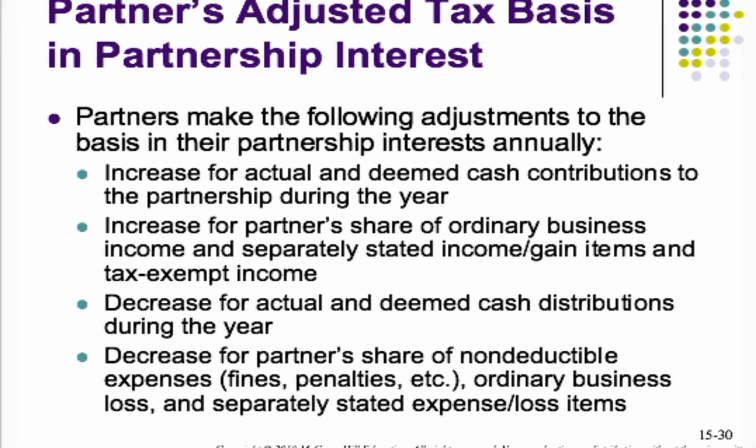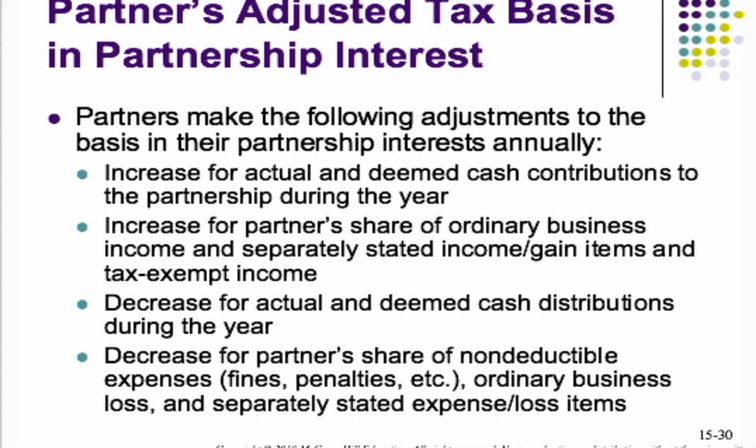At the end of each year, partners will make adjustments to their tax basis in the partnership, so that obviously if during the next upcoming year they were to sell their interest, that would need to be up to date.